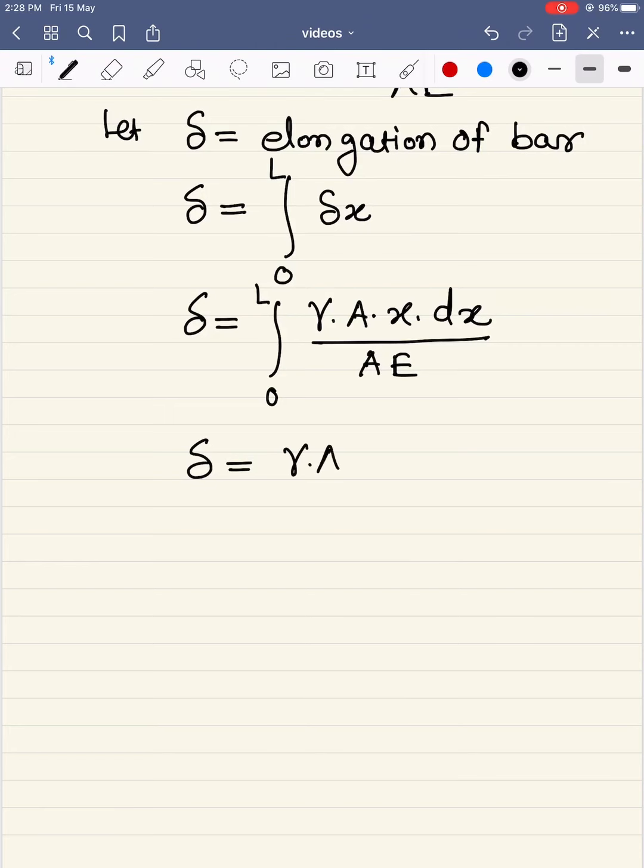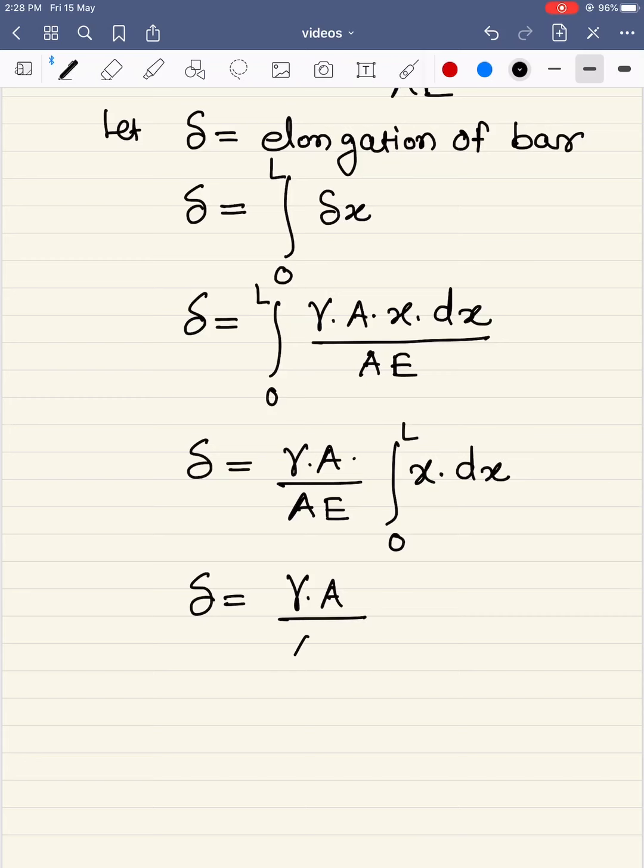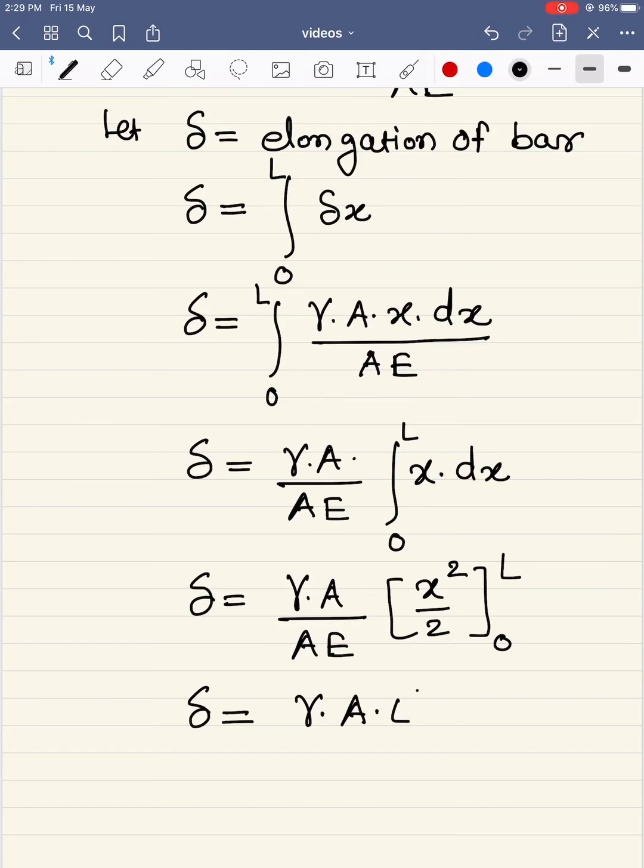Gamma is constant, A is constant, E is constant, so integration from 0 to L of x dx. Integration of x dx is x square by 2 over the limit 0 to L. So delta is equal to gamma A L square divided by 2AE.